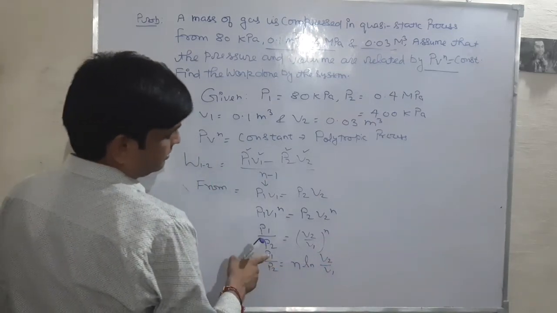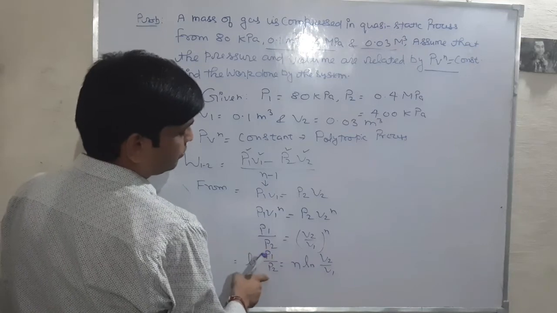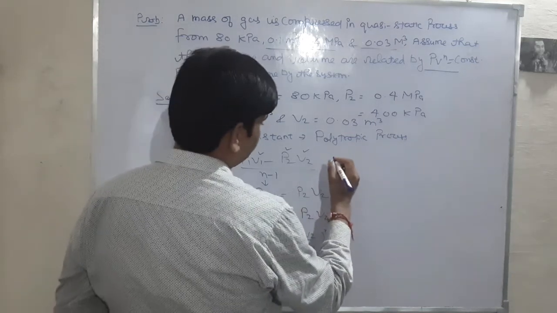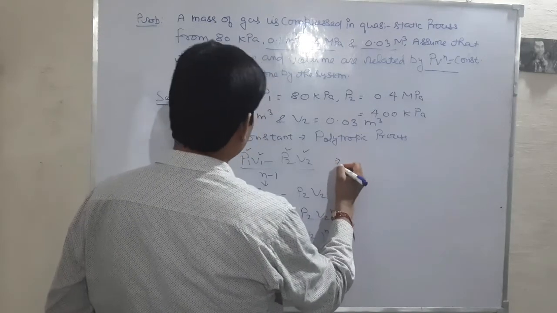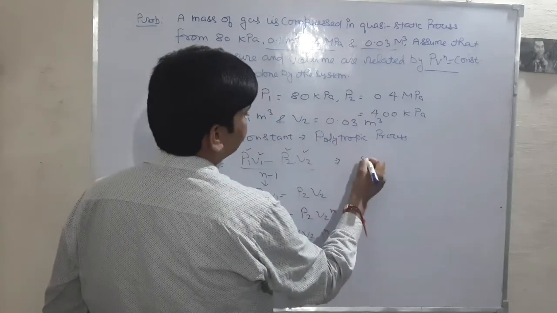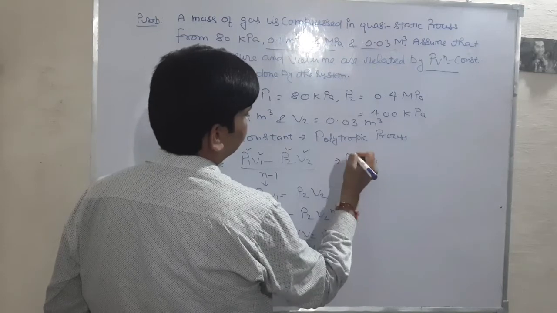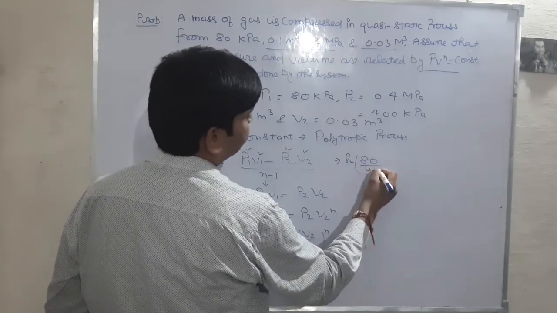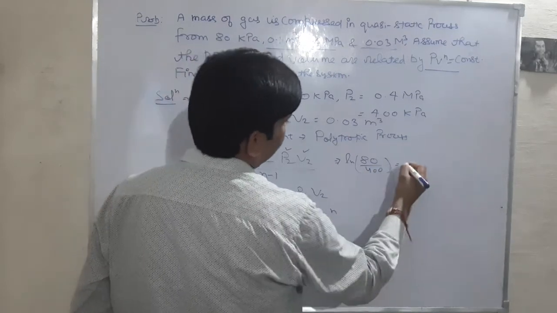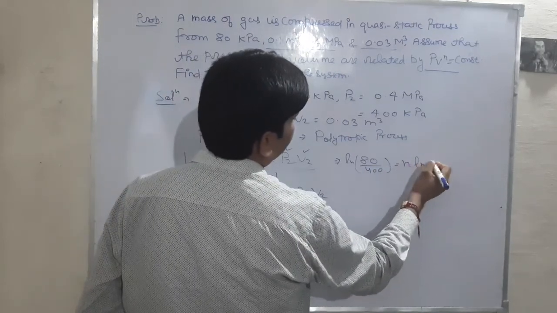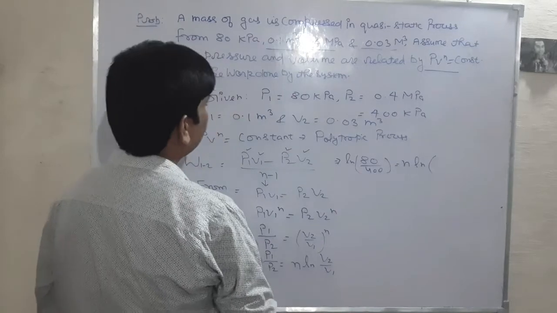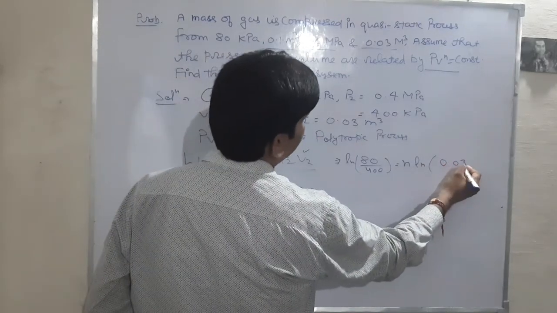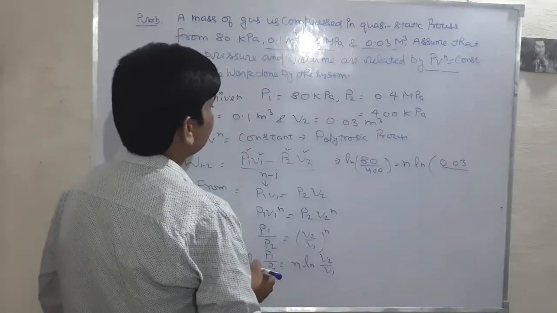Putting the values of P1, P2 and V1, V2 in this equation: ln P1 is 80 divided by P2 is 400 equal to n ln V2 upon V1, V2 is 0.03 divided by 0.1.